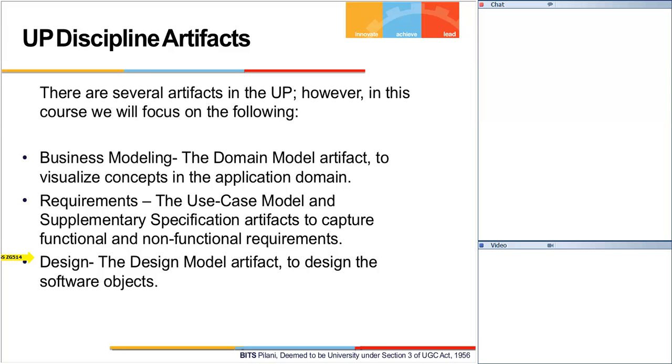So work products are the documents which are created during the execution of any activity, right? The work product is not the code that you are writing, but a process document which is being created during any activity, right?